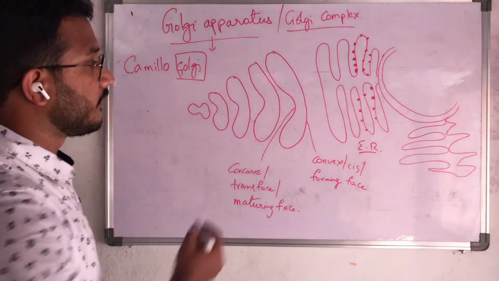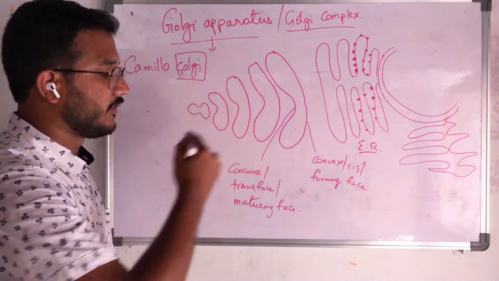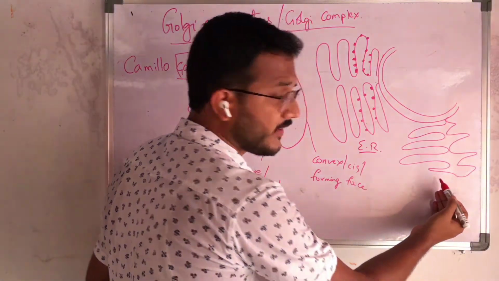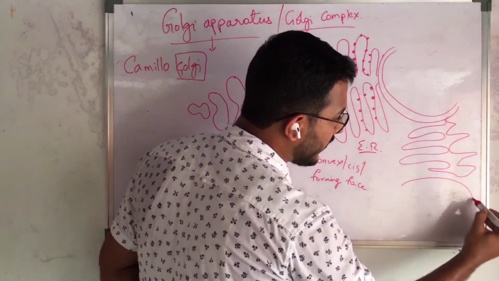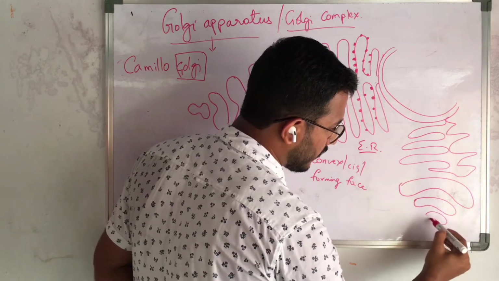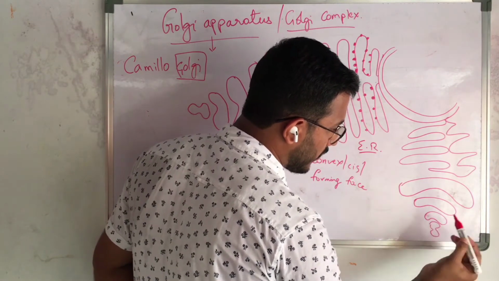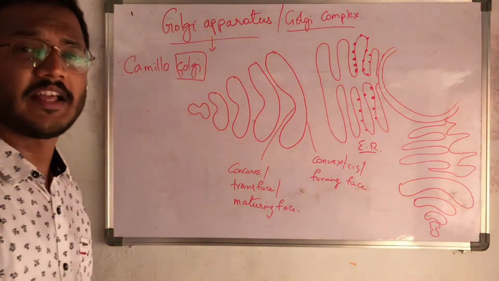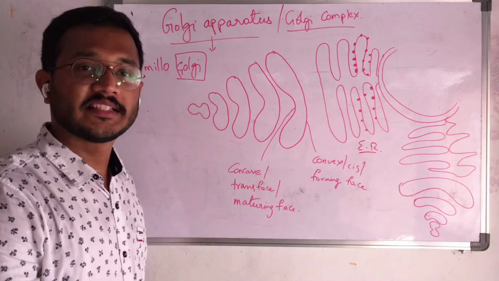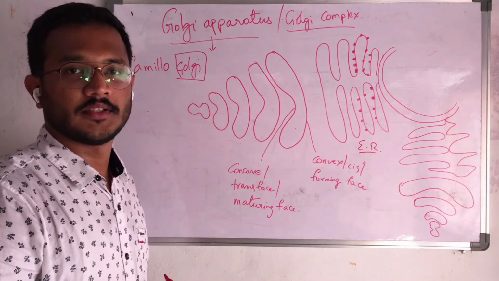See here, the outer convex and the inner concave. And here we have another endoplasmic reticulum, and here also we will have a Golgi complex. So wherever the endoplasmic reticulum is there, we can expect the presence of the Golgi apparatus.